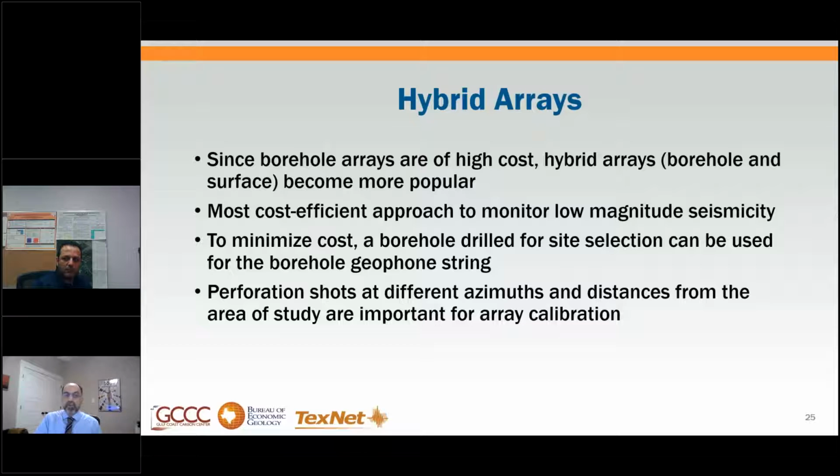On the borehole side, in order to minimize the cost, you can use one of the boreholes used for site selection, so that you have to drill only another two for the geophone strings. And of course, again, you need the perforation shots in order to calibrate your array. Next slide.